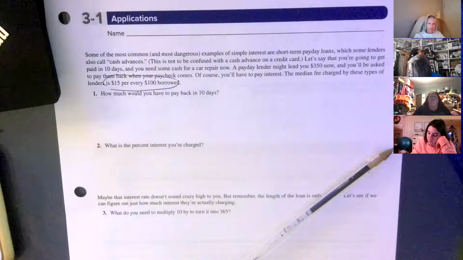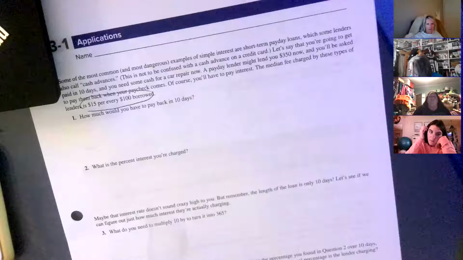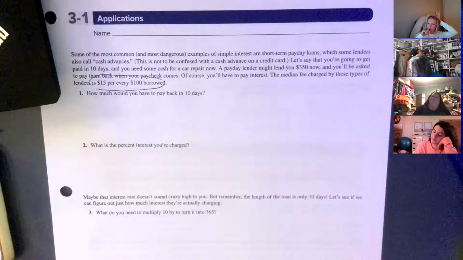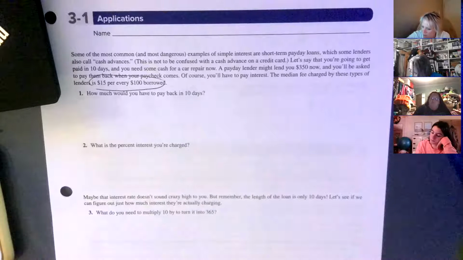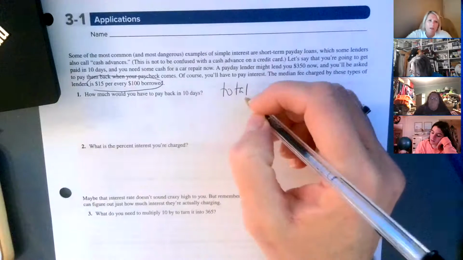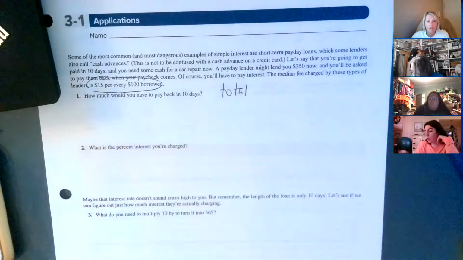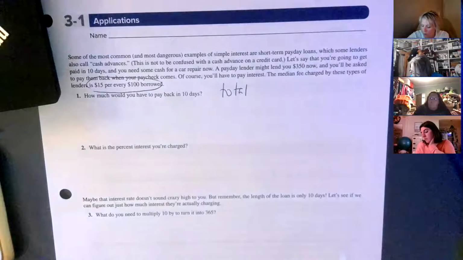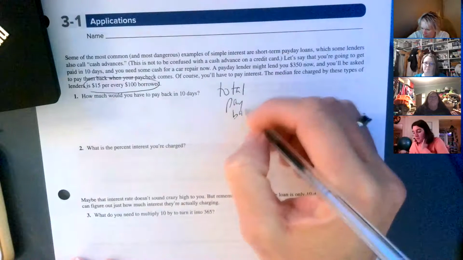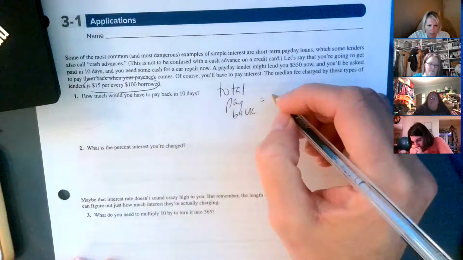All right, so 350 is our P. Well, you could think of it like that. Yeah, it's total payback. We've got what we borrowed, right?